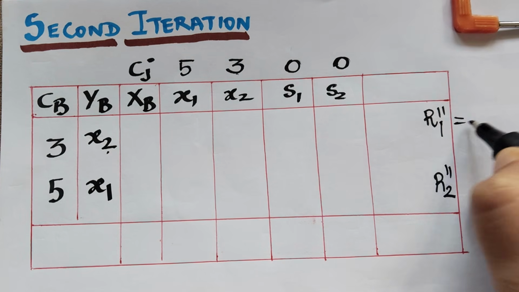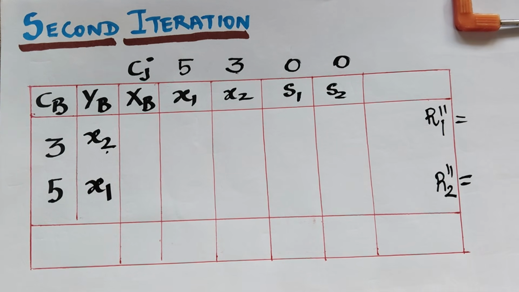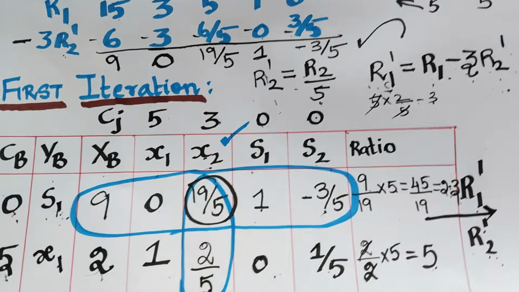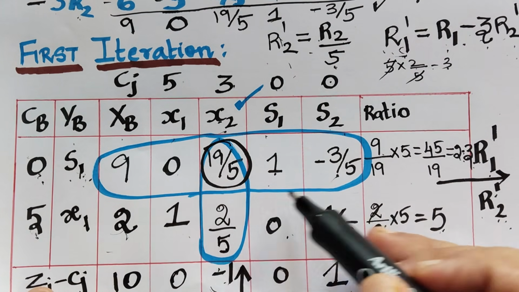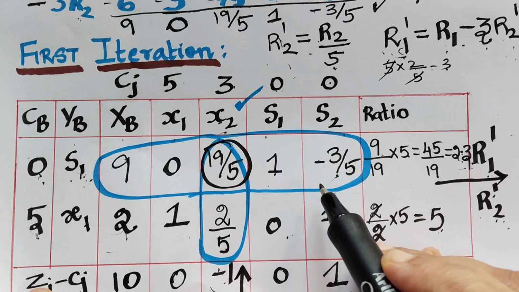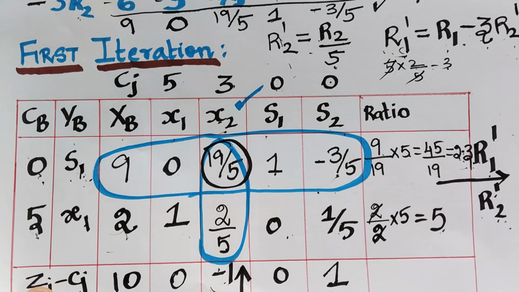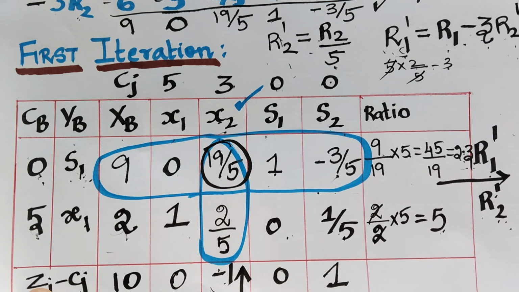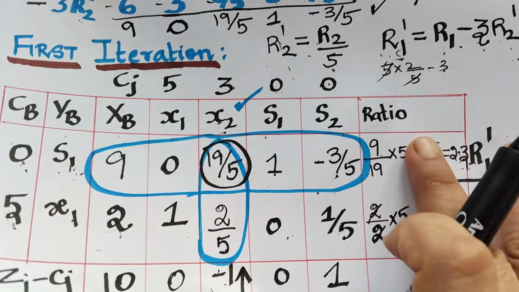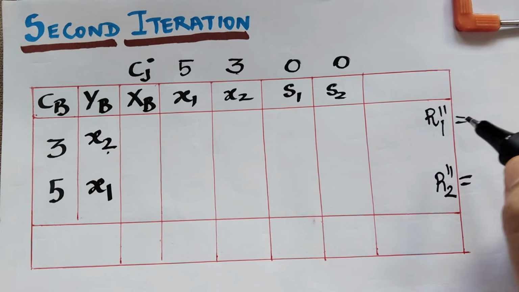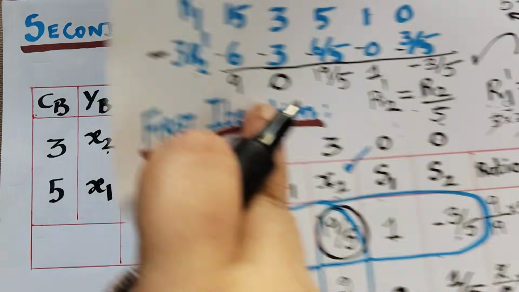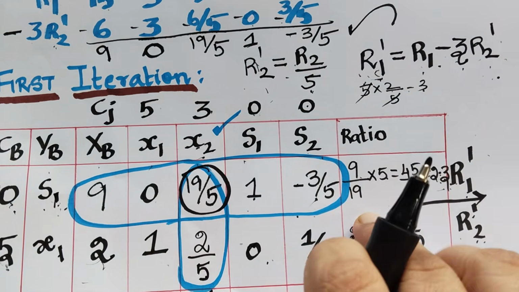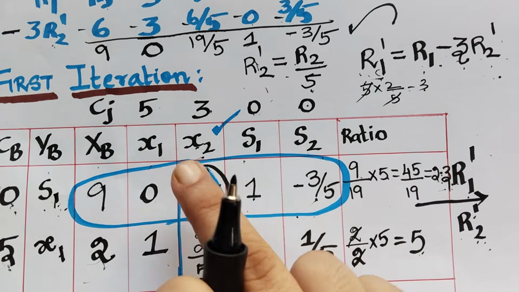And how to find? First, what we have to check, as I told you, is the pivotal equation. Now what is the pivotal equation? R1 dash is the pivotal equation. So we should find R1 double dash first, the new pivotal equation. What is R1 double dash? It is the old pivotal equation divided by the pivotal element.